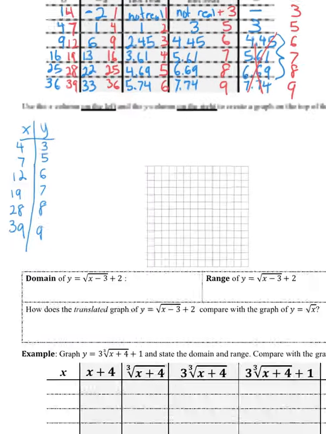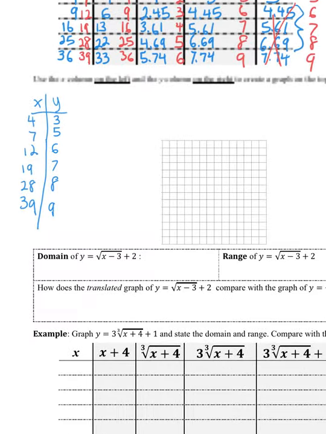So if I were to sketch this one, I notice that I only have positive values for x and positive values for y. And then my x values are going all the way up to 39. So I know normally this would go to 14.